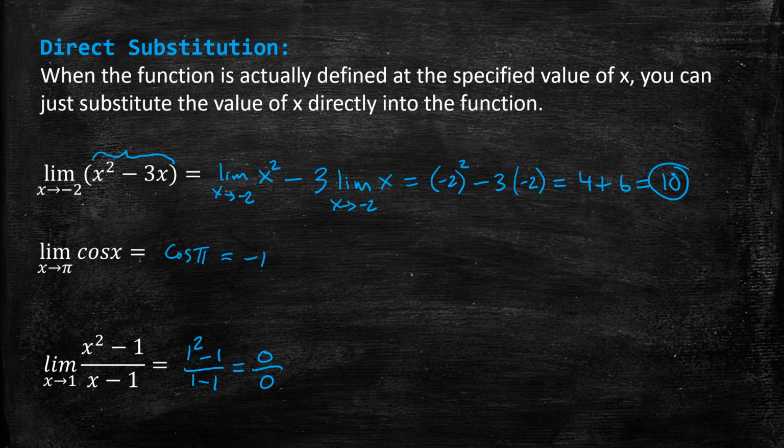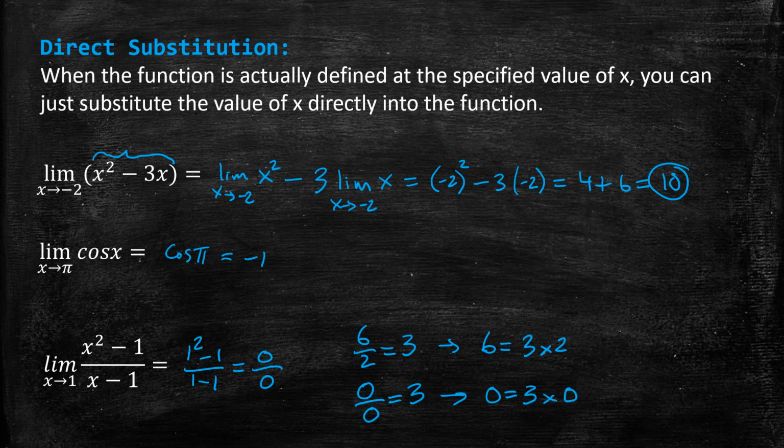Now, what indeterminate means is that it's not clear what the answer is. For example, we know that 6 divided by 2 is 3, because we can confirm that with 6 being 3 times 2. But what is 0 over 0 equal to? Is it equal to 3 also? Well, let's check. 0 equals 3 times 0.